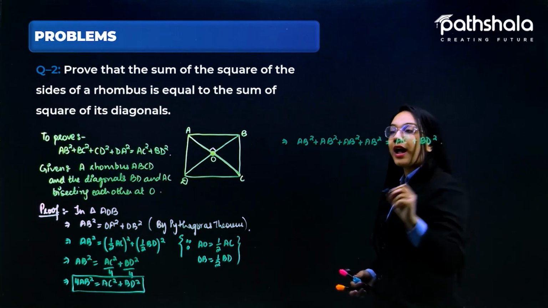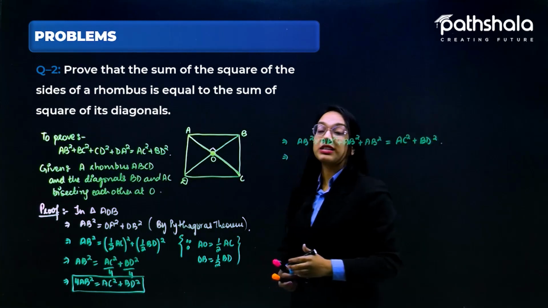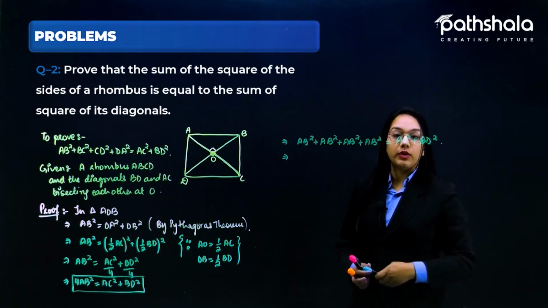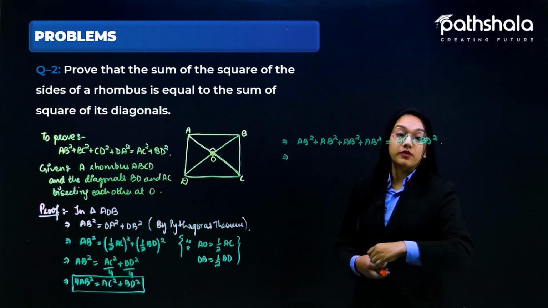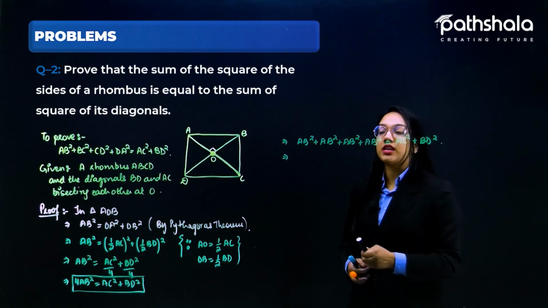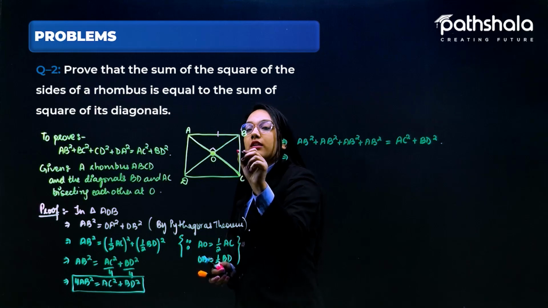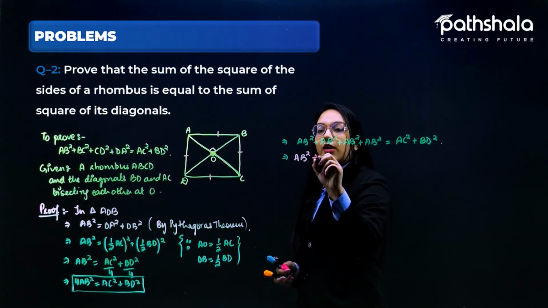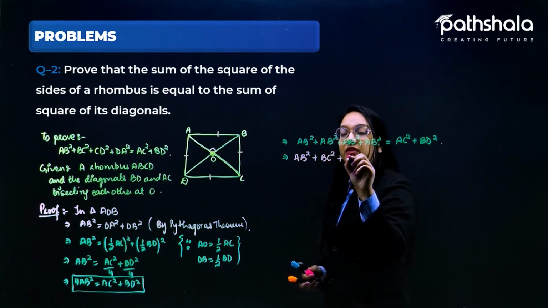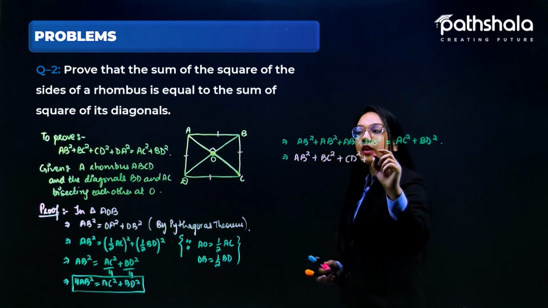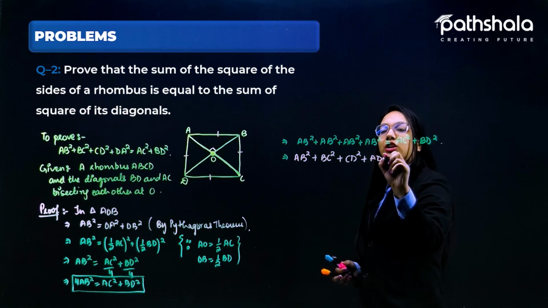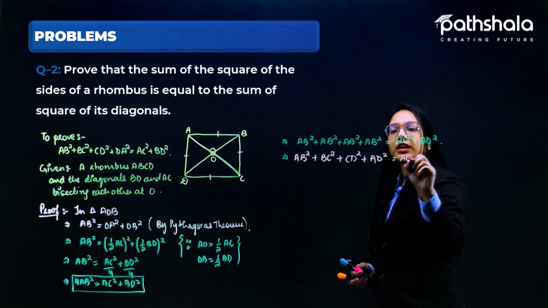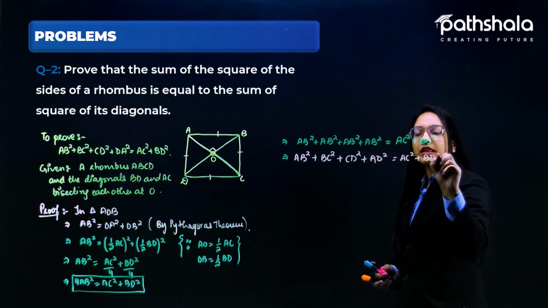And since we know the properties of the rhombus, that all the sides are equal to each other, in place of AB I can write BC square, CD square, and DA square. So this would be AC square plus BD square.